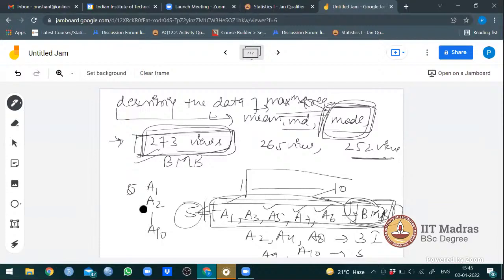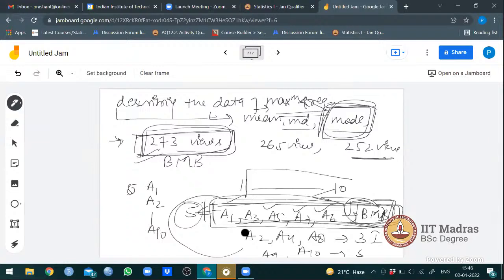See, inferential means on the behalf of sample data, we make a conclusion about the population. Suppose I have sample data of these 5 persons for Bhag Milkha Bhag. On the behalf of this sample, I'm saying all over the world, Bhag Milkha Bhag movie is more liked by the people. So this will be inferential. On the behalf of this sample data, I'm making a conclusion for the whole world.